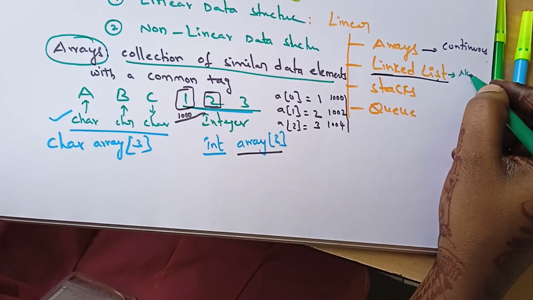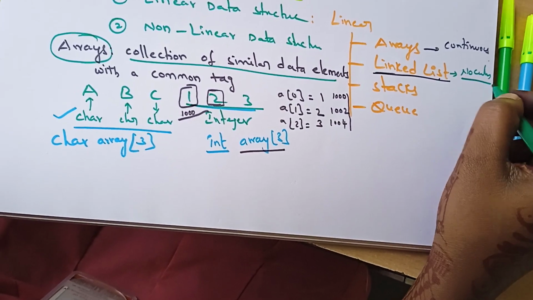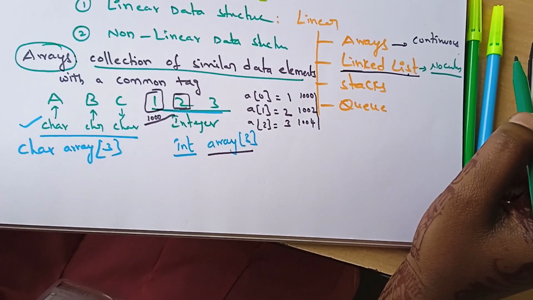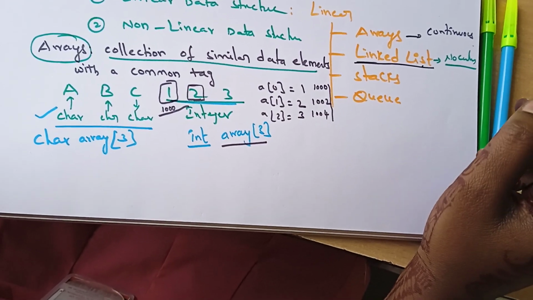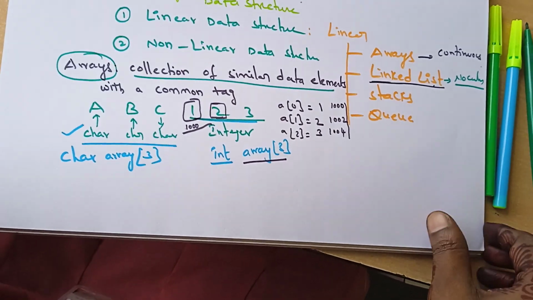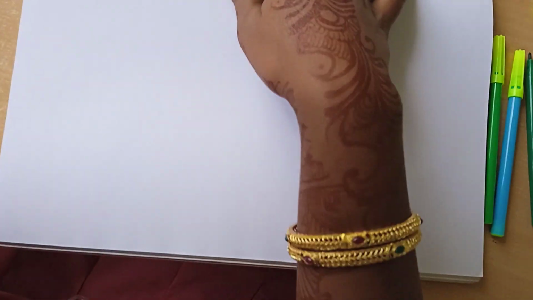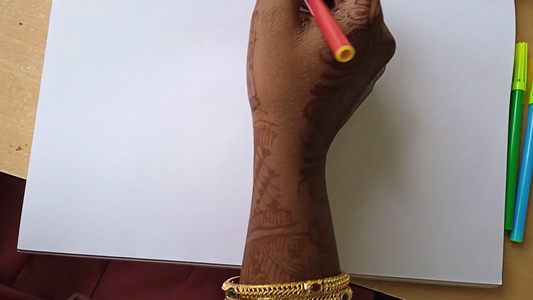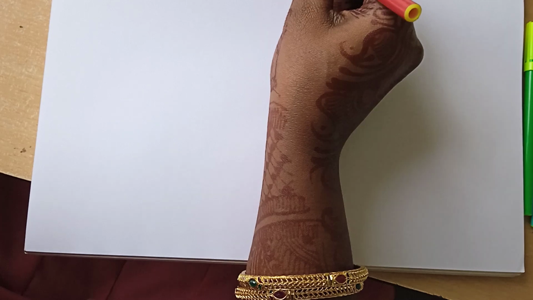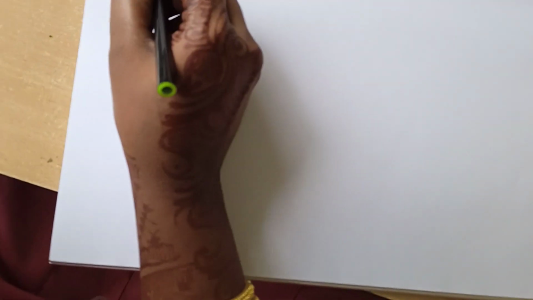Now look at this linked list. No continuous memory locations as far as linked list is concerned. Elements will not be having continuous memory locations. Now let's see what is linked list. How elements will be placed in a linked list? Let's see.